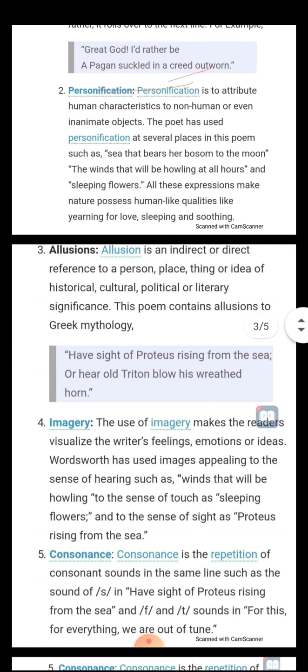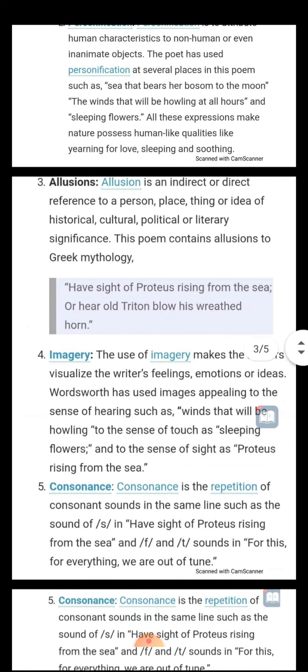The next literary device which is used in this poem is imagery. Many images are used in this poem. Imagery makes the readers visualize the writer's feelings, emotions, and ideas.